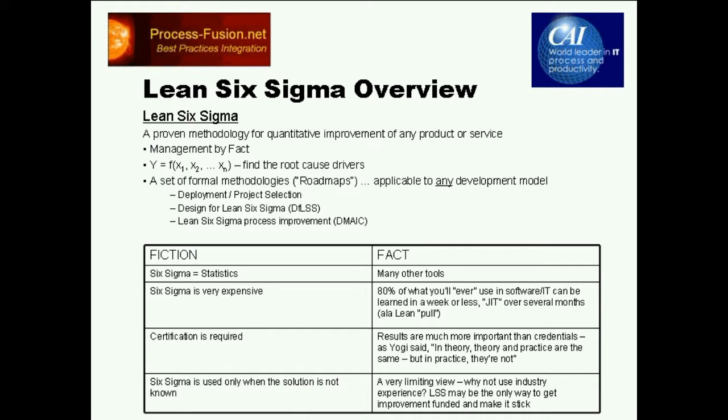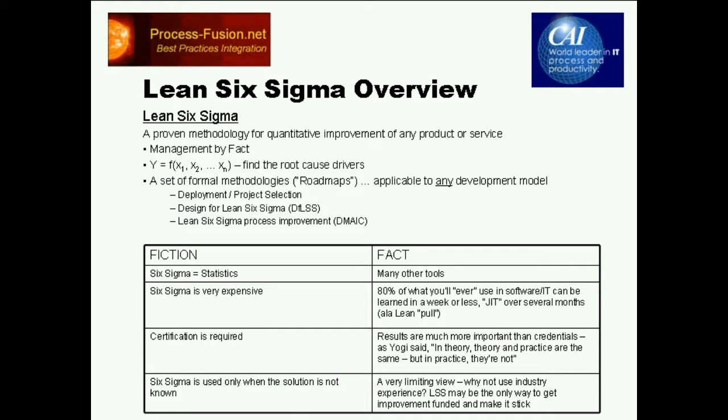Another central idea in Lean Six Sigma is this deceptively simple equation. Y equals a function of a series of X's. And the idea here is that Y is a general representation of an outcome. And the X's are representation of factors that influence that outcome. You might say the root causes.